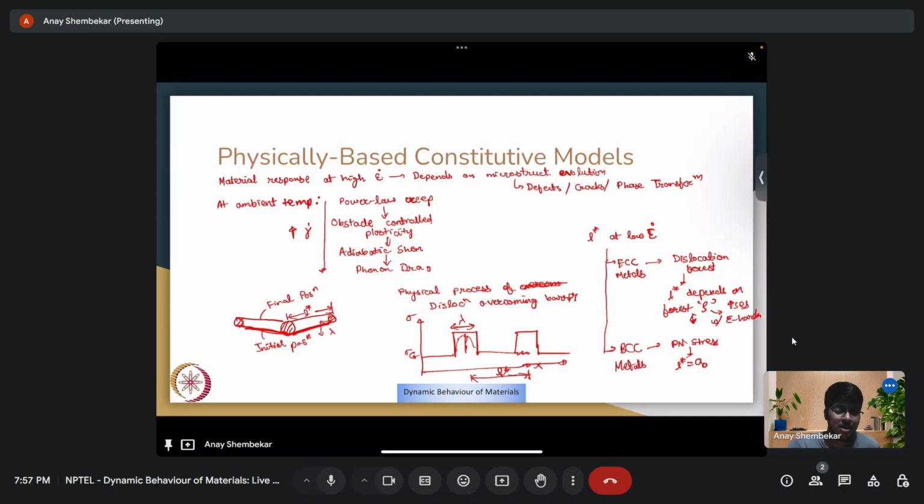So for FCC metals, the length L star depends on the forest dislocation density, whereas for BCC metals the predominant short range obstacle is the Peierls-Nabarro stress, which by its definition we have already seen in the very first slide is equal to the lattice parameter. So as a result, you have two different underlying mechanisms which inform two different behaviors.